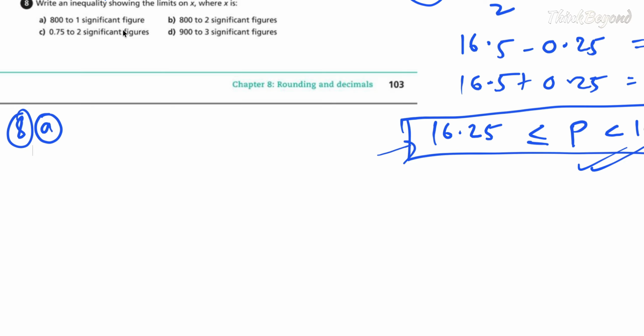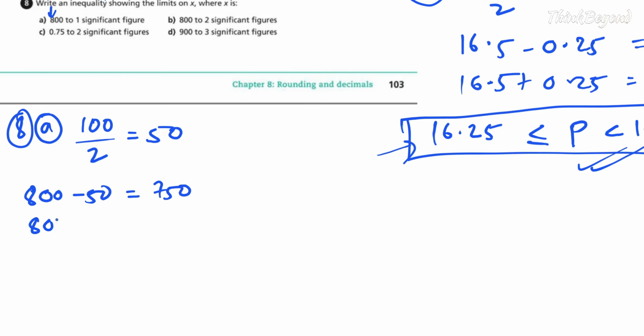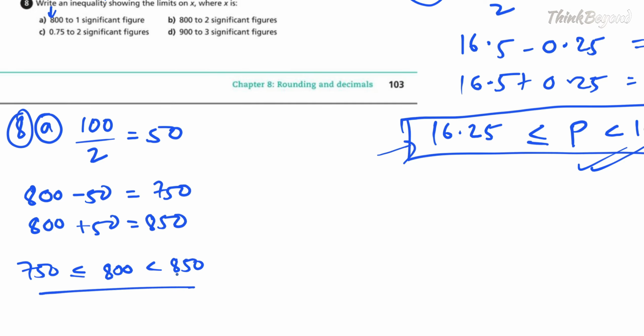Why? Because 8 is in the hundreds place, right? Ones, tens, and hundreds. So half of 100 is 50. Now 800 minus 50 is 750. Now 800 plus 50 is 850. The inequality becomes 750 ≤ x < 850. This is our answer for question 8a.